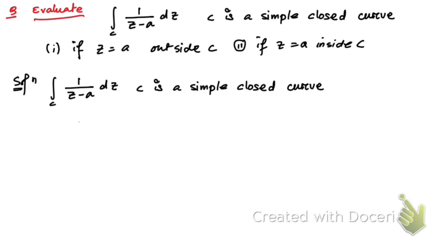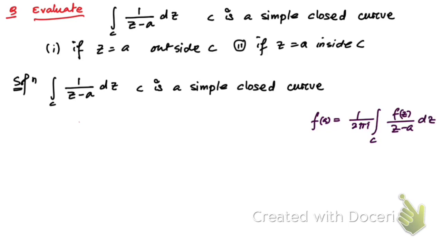Cauchy's integral formula was f of a equals 1 by 2 pi i times the integration along C of f of z by z minus a dz.